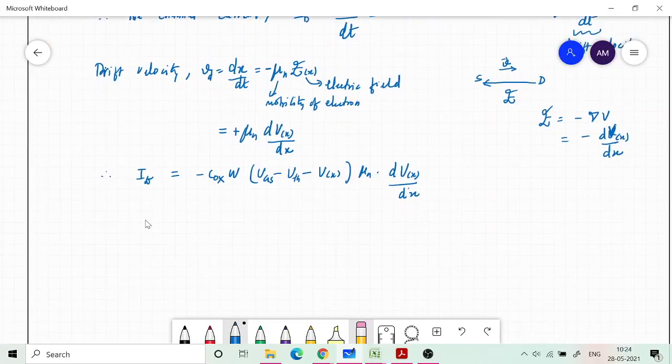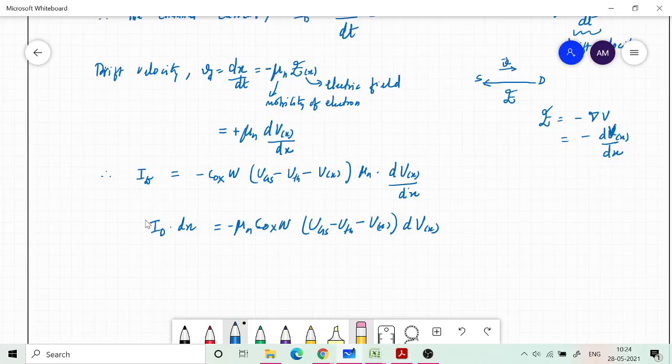So we are almost there. Now I take this dx to the other side. It's basically solving a differential equation, where we take it to variable separable form. So this is equal to Cox W Vgs minus Vth minus V of x, and I can put mu n also here, minus mu n Cox W, and then there is dV of x.